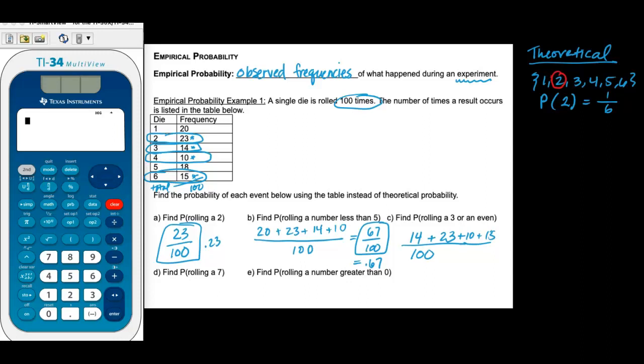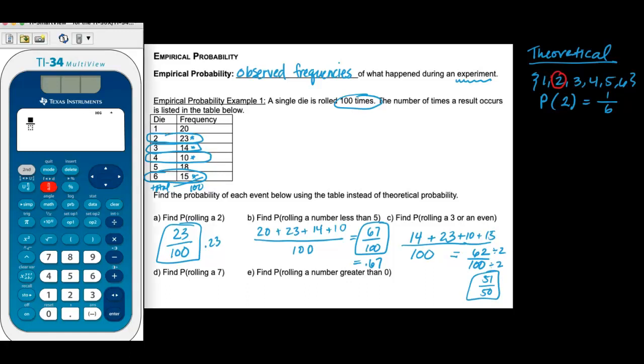So 14, 23, 10, and 15. And we end up getting 62 out of 100. Now in this case, you can reduce it. You could divide both of these by 2, since they have a common factor, to get 31 over 50.